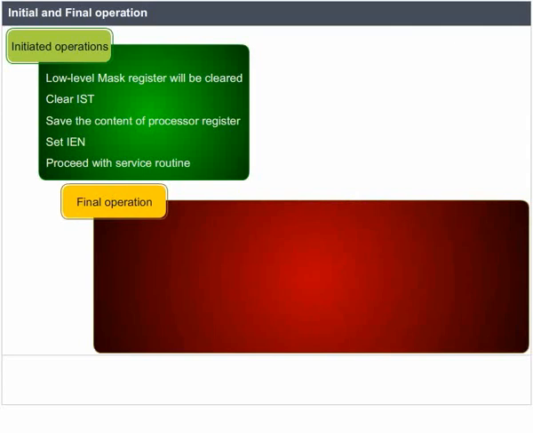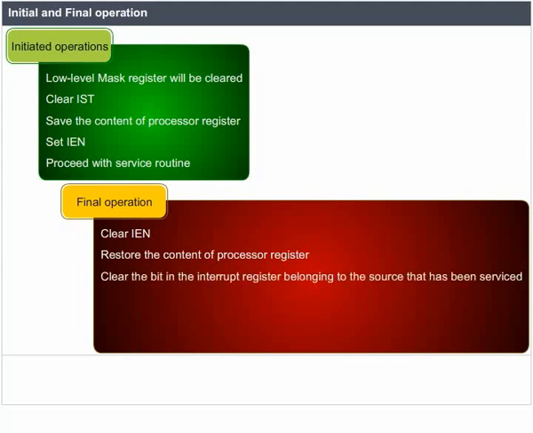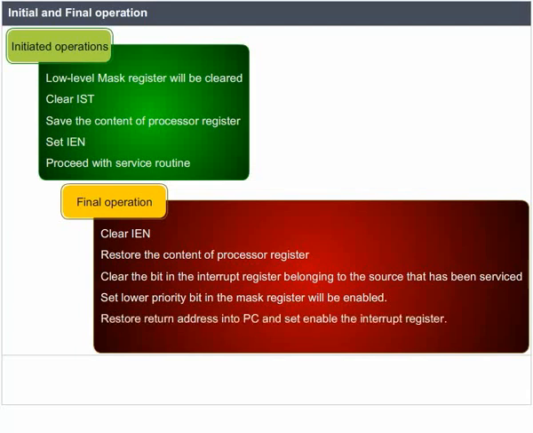The final operations include: clear IEN, restore the contents of the processor registers, clear the bit in the interrupt register belonging to the source that has been serviced, set the lower priority bit in the mask register to be enabled, restore the return address into the PC, and set IEN to enable interrupts.